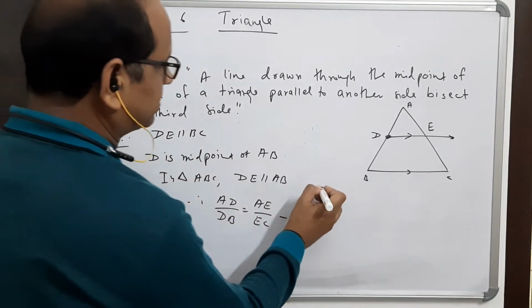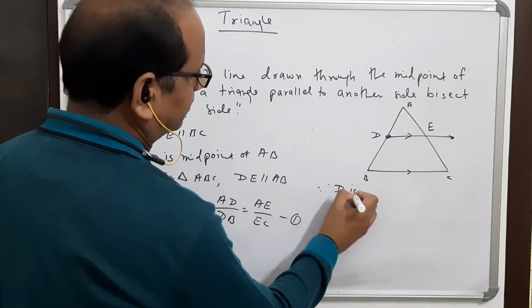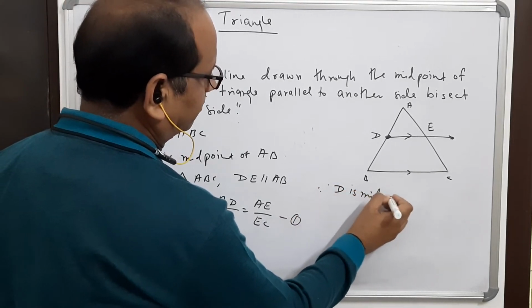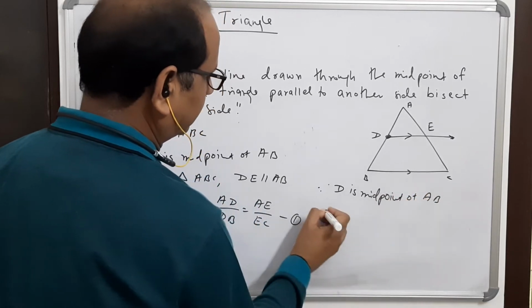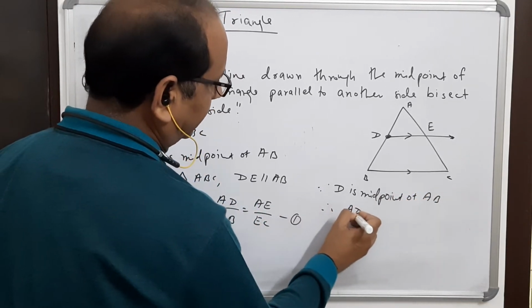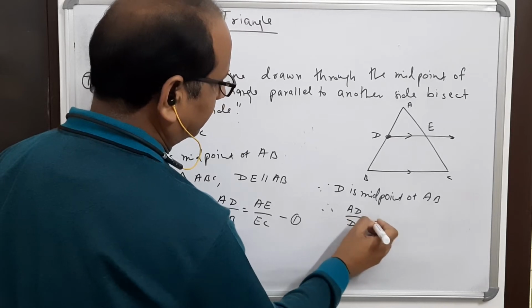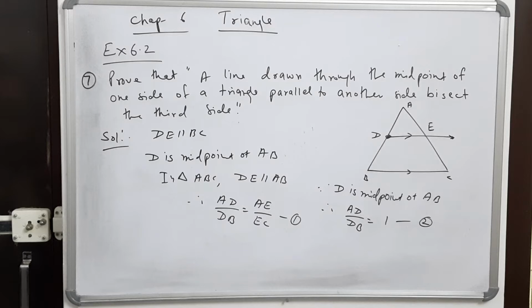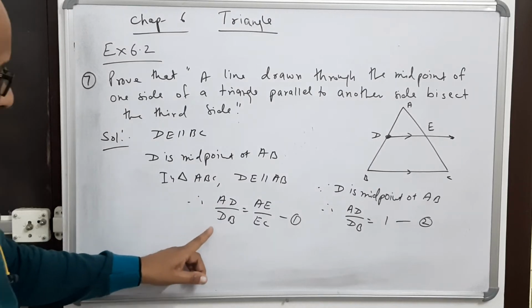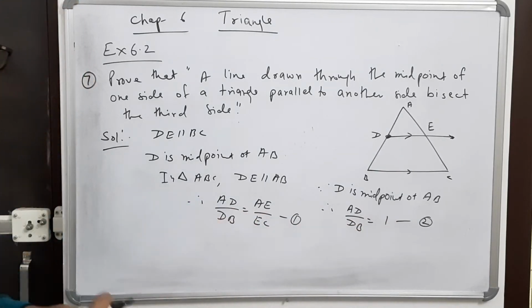The second part is, because D is midpoint of AB, therefore AD upon DB is equal to 1. This is the second part. Now see, AD upon DB equals 1. So we'll put this value here.